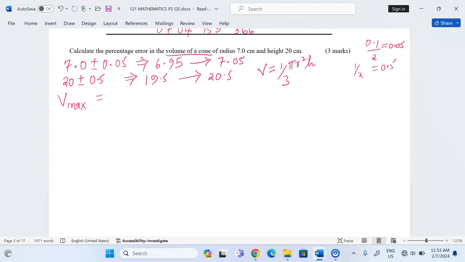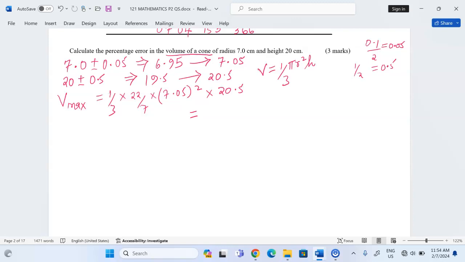Therefore, for the maximum volume, we will need a third times pi, we can have 22 over 7, multiplied by the area. Because we want the volume maximum, we have to take the maximum value of r, which is going to be 7.05. Now this is what we will square, multiplied by the greatest height, which is 20.5. So I can now compute this using my calculator.